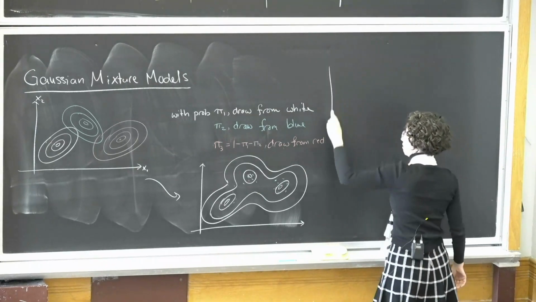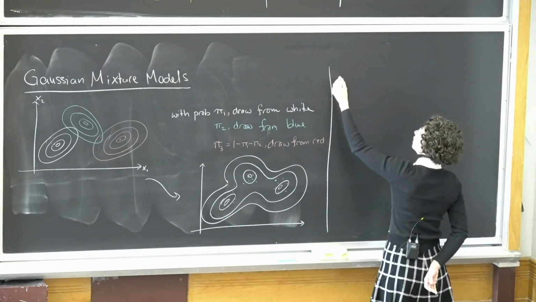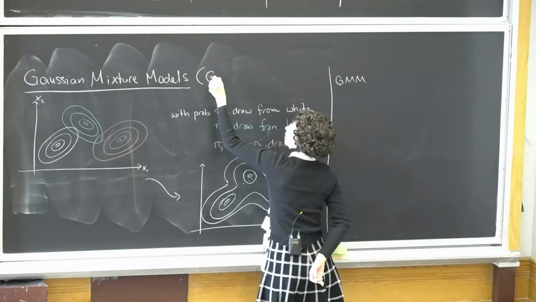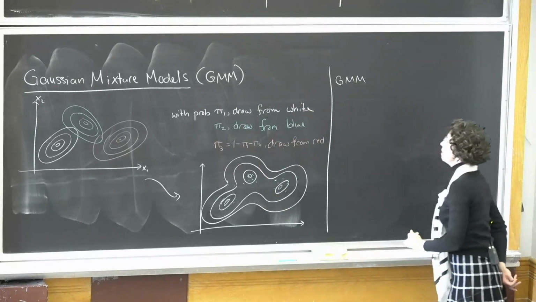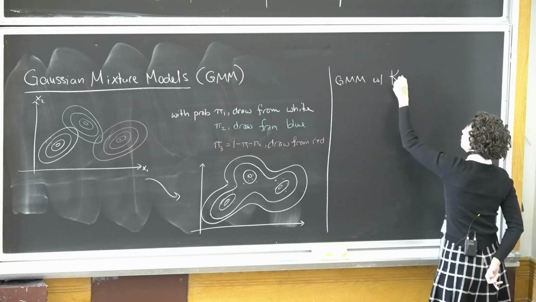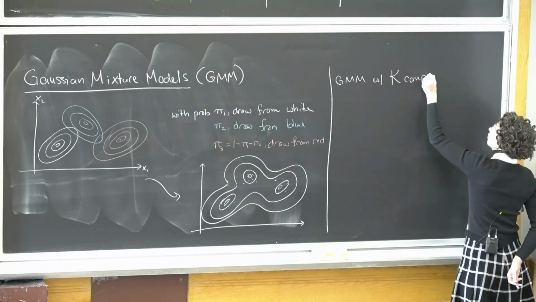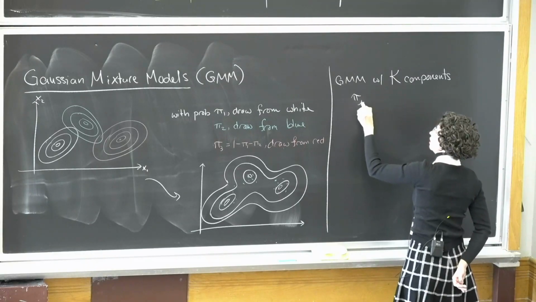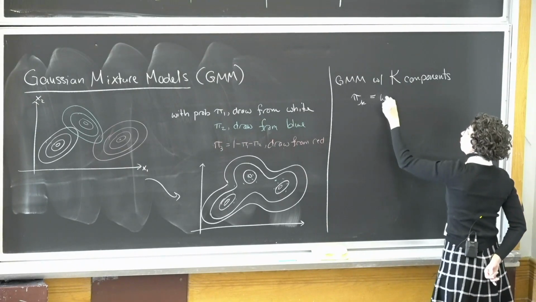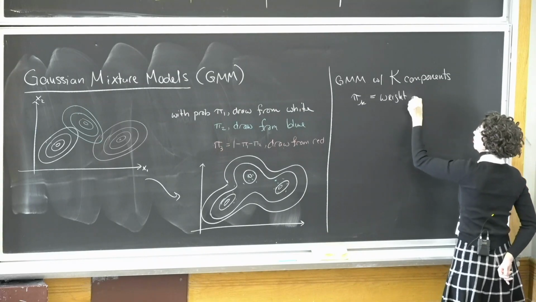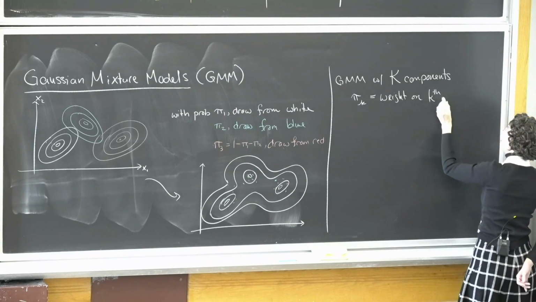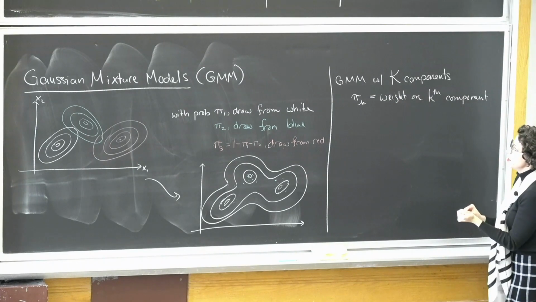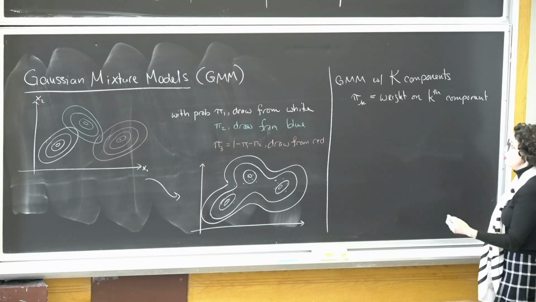So maybe what I'll try to say more explicitly is if we've got a Gaussian mixture model, which I'm going to abbreviate as GMM, with capital K components, then I'm going to let pi little k equal the weight on the kth component. So how likely it is that I'm going to draw from that Gaussian in general.